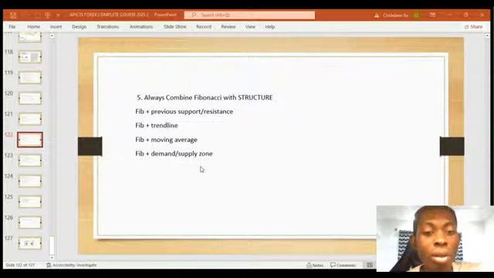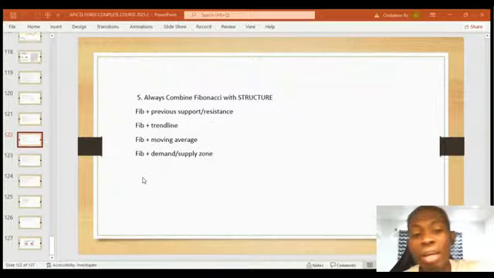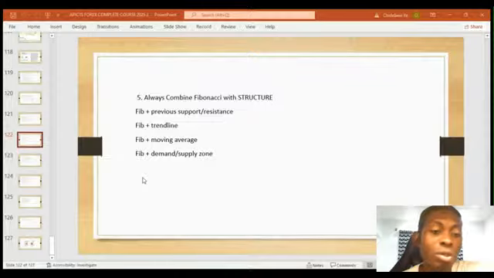You can also combine Fibonacci with trend line bounce or trend line breakout. And if we use the moving average that I've taught you before, you can combine Fibonacci with moving average. Combine Fibonacci with demand and supply.